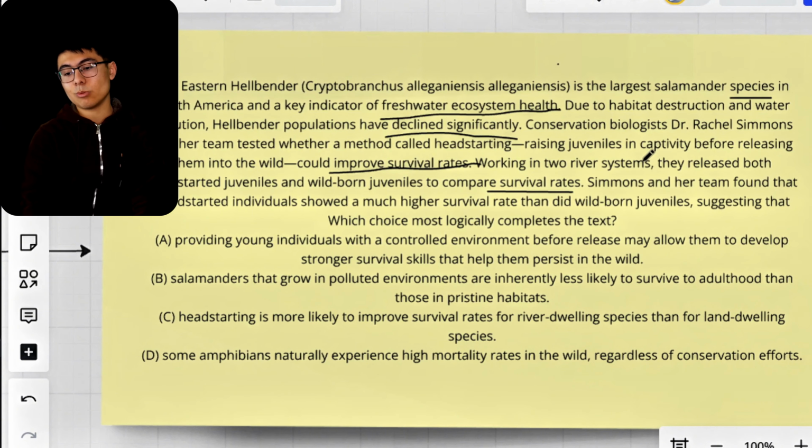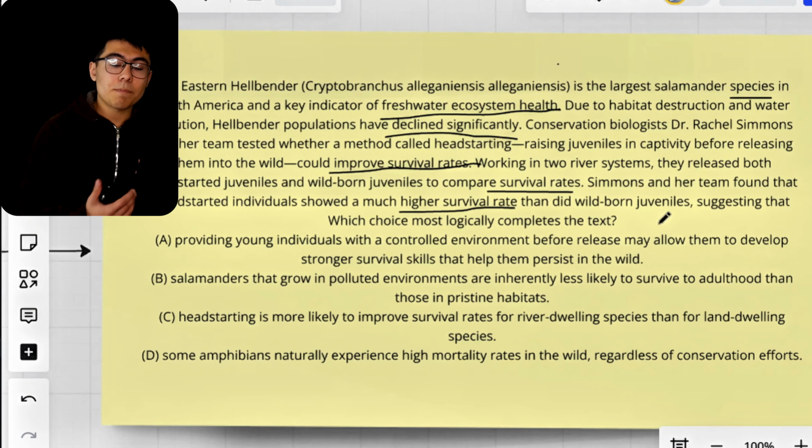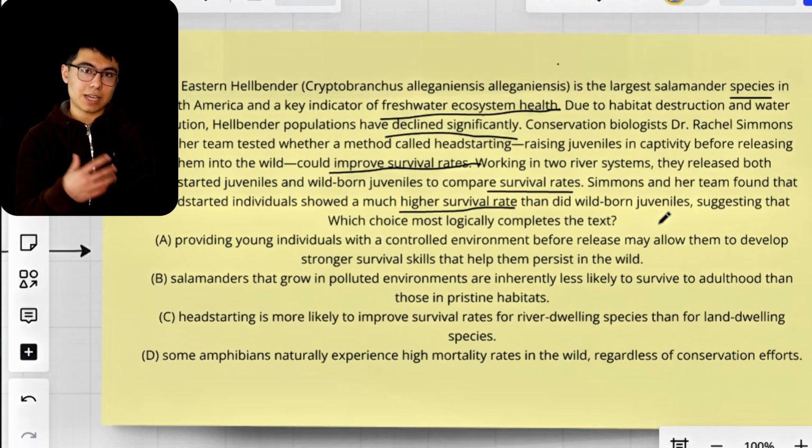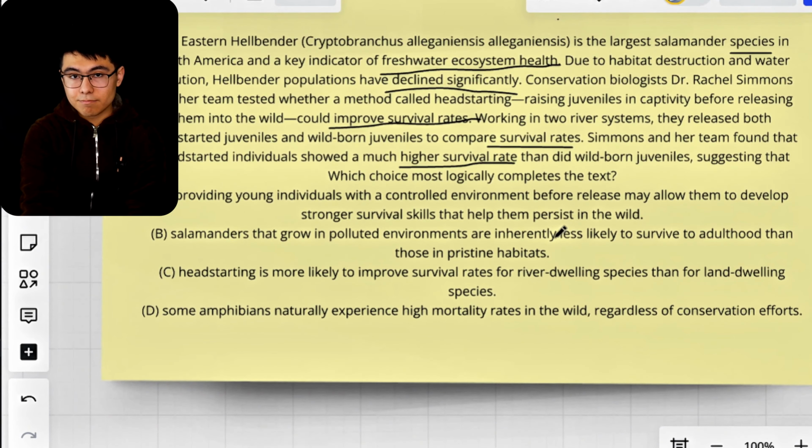Simmons and her team found that head-started individuals showed a much higher survival rate than did wild-born juveniles, suggesting that... So the passage suggests that head starting increases survival rates. So head starting is the method, as you saw in this text, and it just improves survival rate. And the correct answer to show that is choice A.